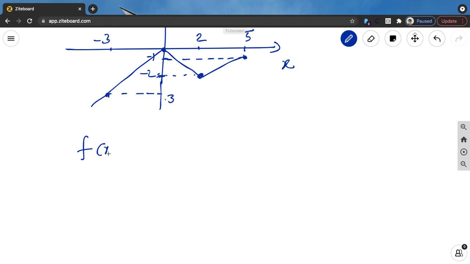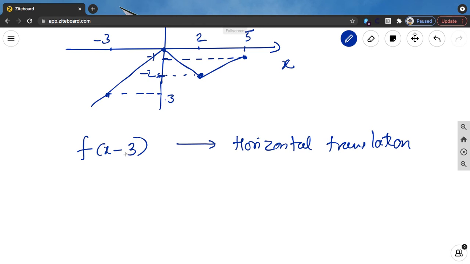The next is f of x minus 3. What am I doing? I'm first changing the input and then feeding it to the function. And if you remember from last time, this is horizontal translation. But translation which side? There's a minus 3, so I'm going to shift to the right.